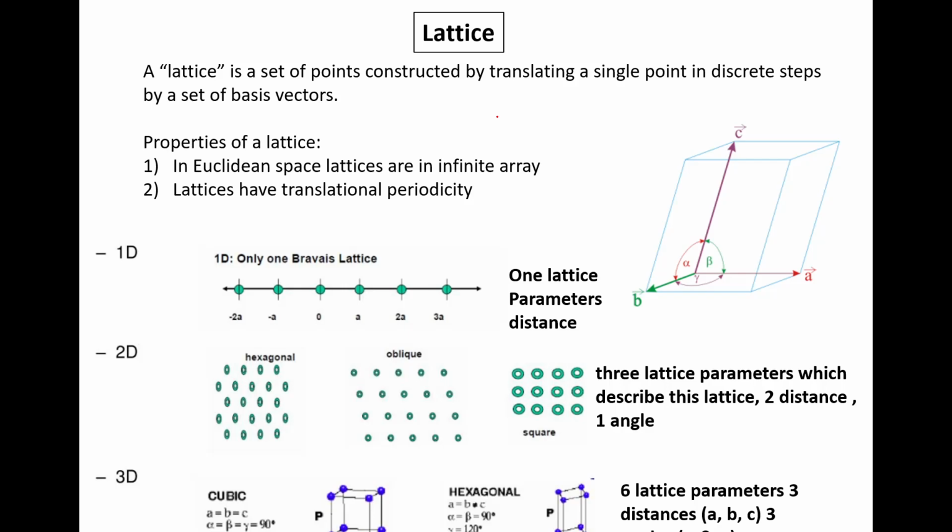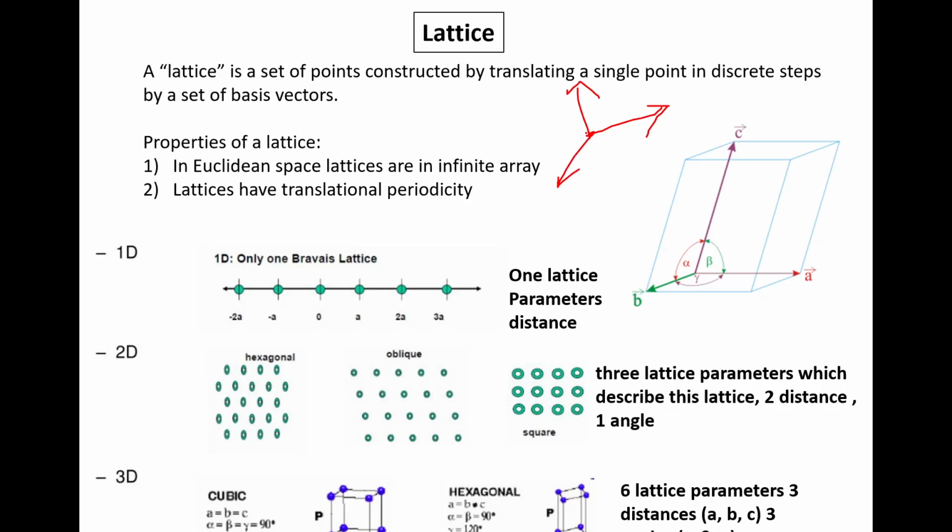A lattice is a set of points constructed by translating a single point in discrete steps by a set of basis vectors. Just like if you imagine the crystal, where you are translating the unit cell in the x, y and z direction, for a lattice you imagine that you have a single point in space, and you are translating it in the x, y and z direction.